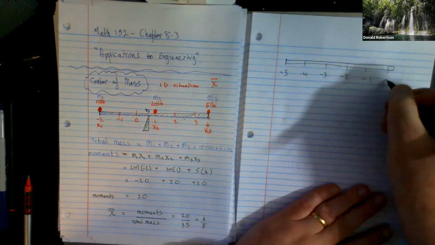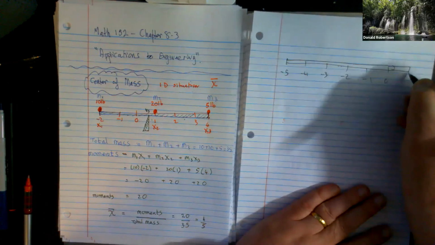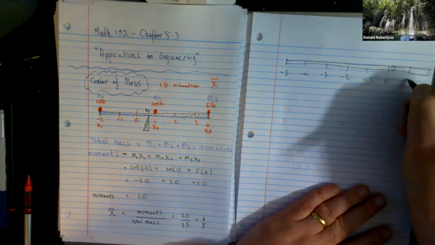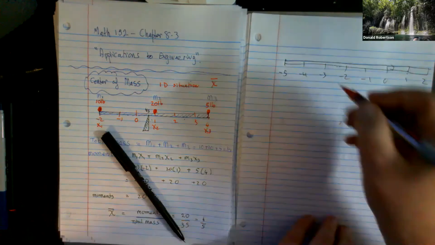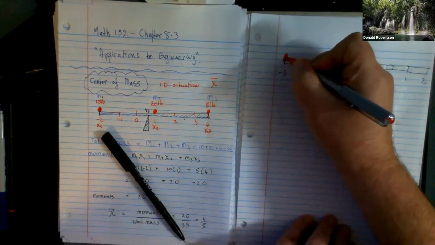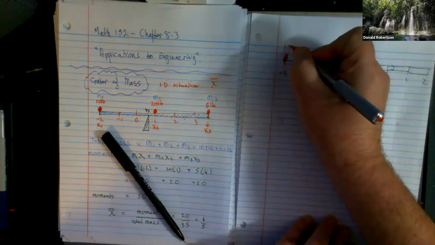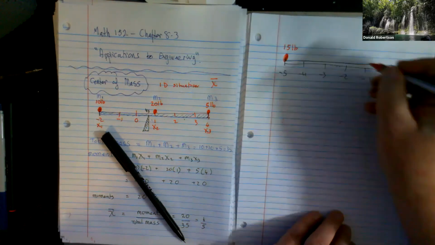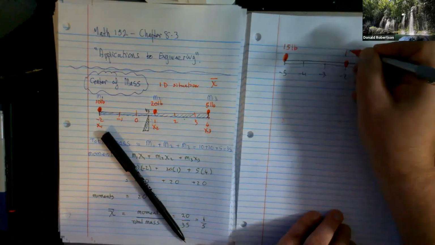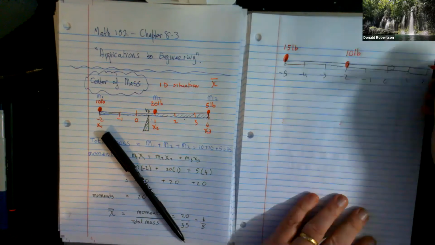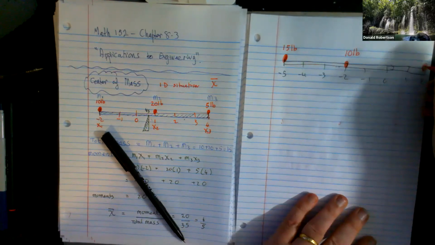I guess I should have a 1 here, and a 2. I'm going to put a weight at -5, and it's going to weigh 15 pounds. Put a second weight at -2, it's going to weigh 10 pounds. And right at the end, at 2, I'm going to put 40 pounds.